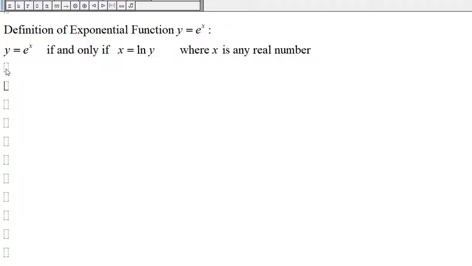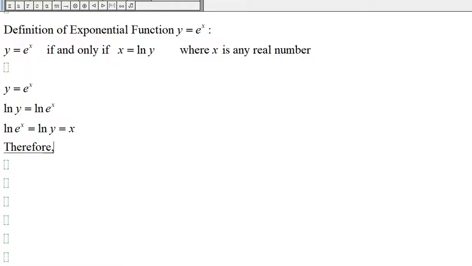But notice the following. So from this function right here, if we take the natural log of the left and natural log of the right side, then we have ln of e to the x is equal to ln of y, but ln of y is equal to x, and therefore ln of e to the x is equal to x.